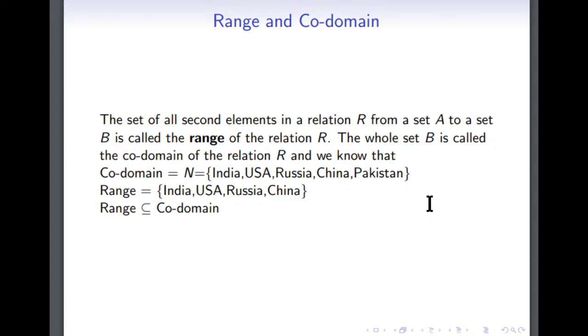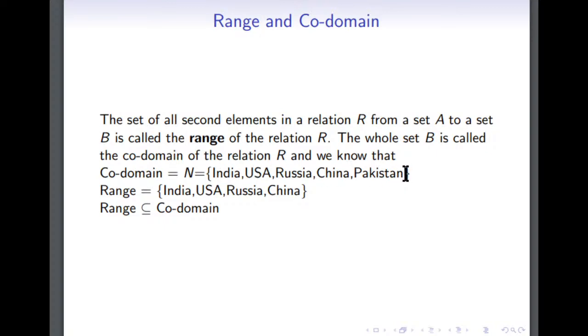Then what is range and codomain? The codomain is the second set on which I am mapping the images, the second element of the pair. In this case, we had the nations. So my codomain will be India, USA, Russia, China, and Pakistan. The set of all second elements in a relation from a set A to a set B is called the range of the relation. What is range? Now we will see no one visits Pakistan.